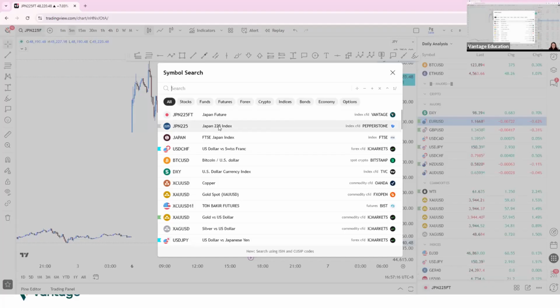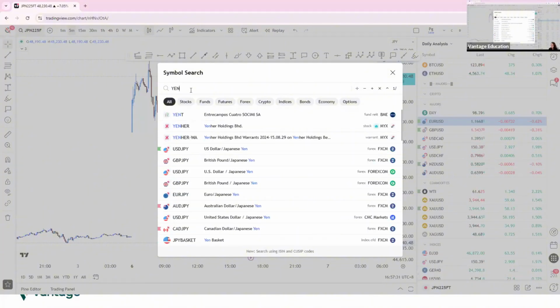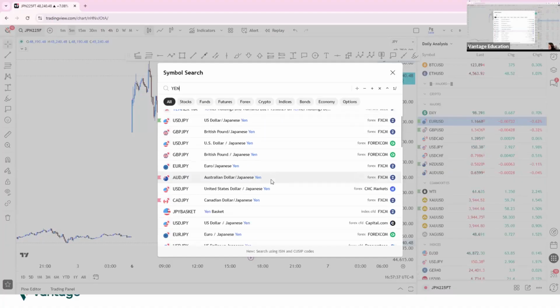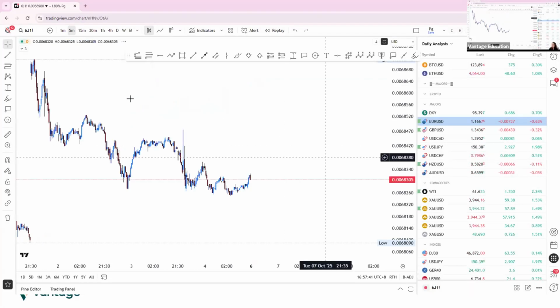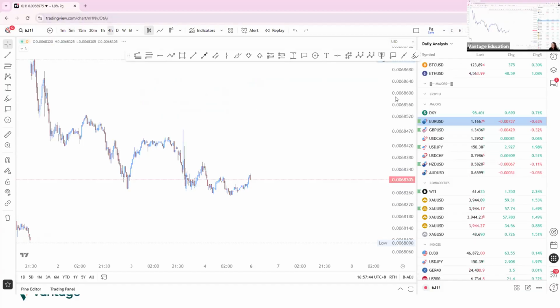Guys, anybody trade USDJPY? Yen is falling though, right? Yen is falling. Can I look at futures? Yeah, yen is falling because I trade futures.